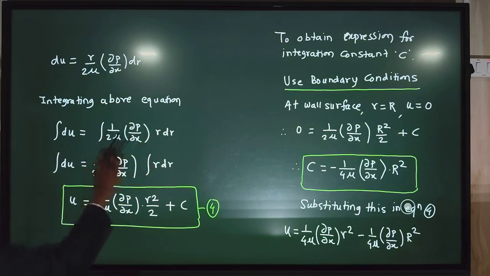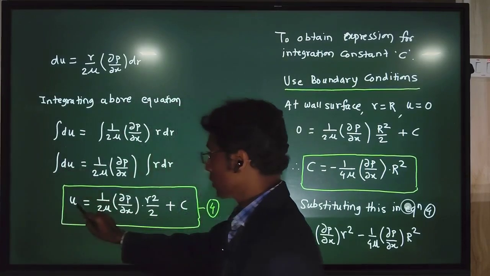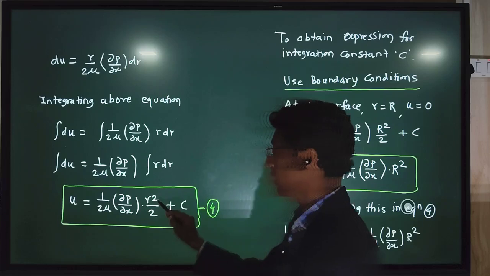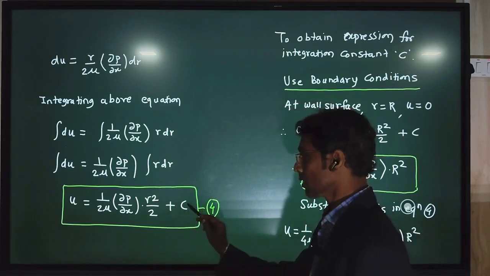Now here 1 upon 2 mu and the pressure gradient, we consider these two expressions as constant, that is why they come out of the integration sign. And here integration of r into dr remains. Integration of du is u, that is the velocity. Integration of r is r square by 2 plus c.